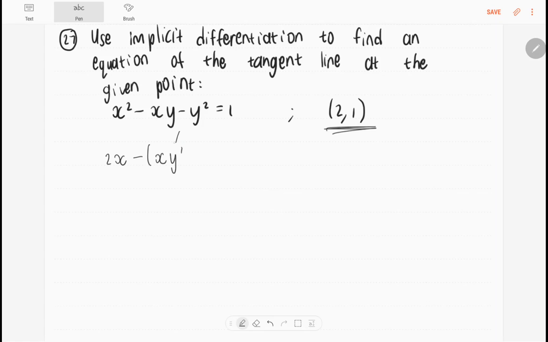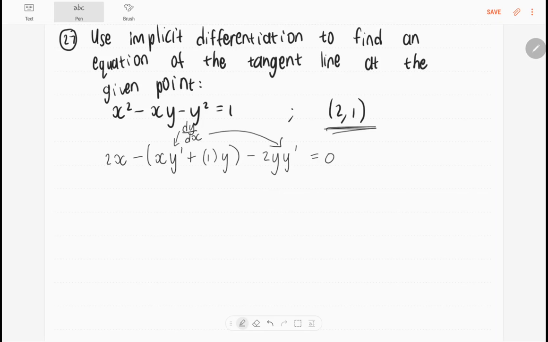So I'm just writing y prime instead of dy dx. And then I have plus the derivative of the first, which is just 1, multiplied by y, the second. And then I have minus 2y multiplied by the derivative of y, which is just y prime. And then it equals the derivative of 1, which is 0.